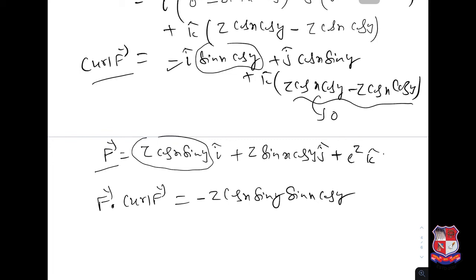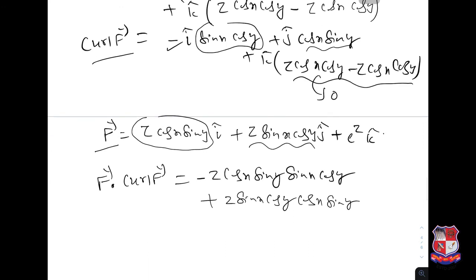And now the j component: plus z sin x cosine y times cosine x sin y. Here e power z, but here it is 0 k, so that is 0. And so here you can see that both terms have opposite sign, same term, and so that is nothing but 0. So f dot curl f is 0, and so it is verified.